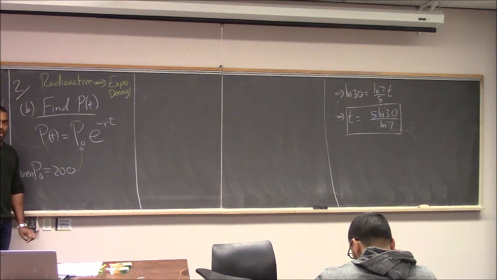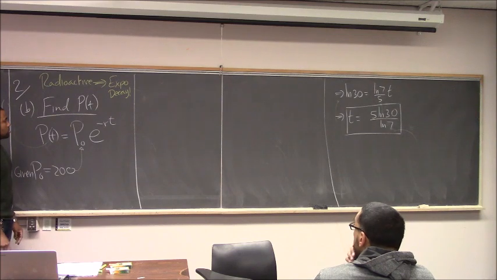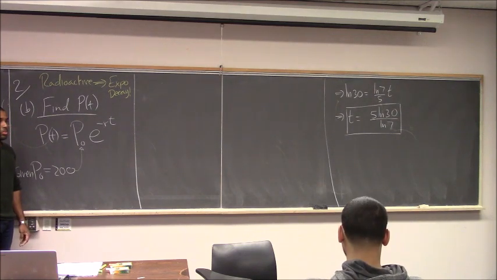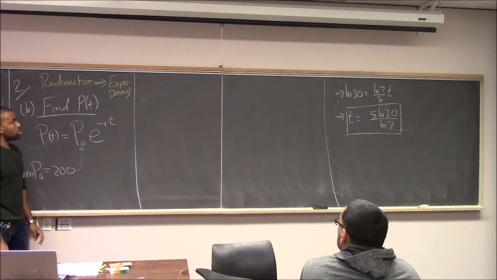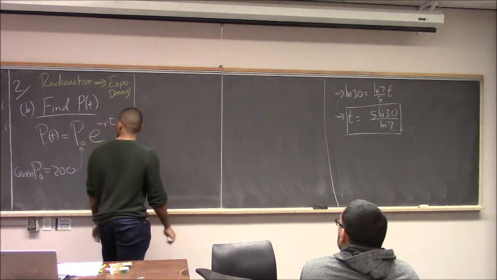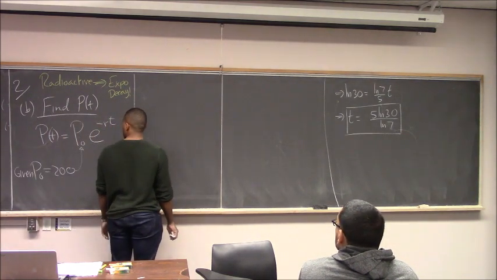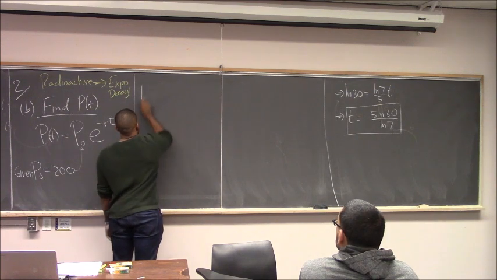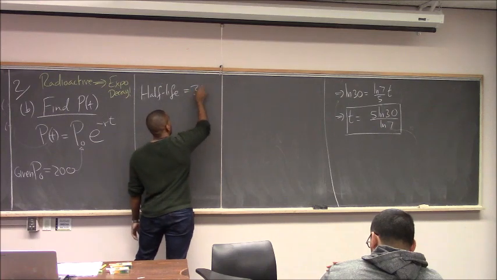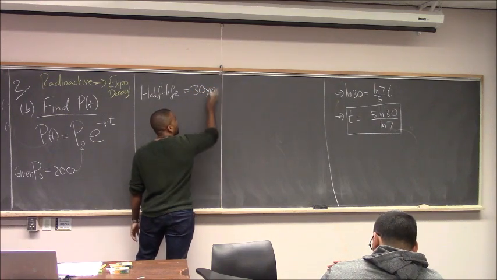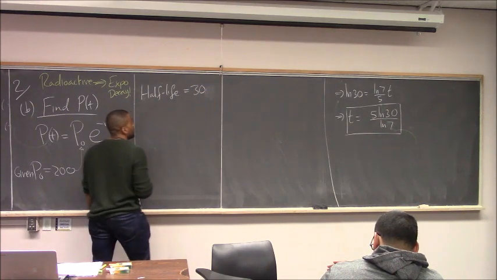So there must be something in the question that tells us how to find R. What do we know? It's a half-life problem. Half-life is 30 years, so you can use the fourth formula. We know half-life equals 30 years. Don't really care about the units. Half-life equals 30.